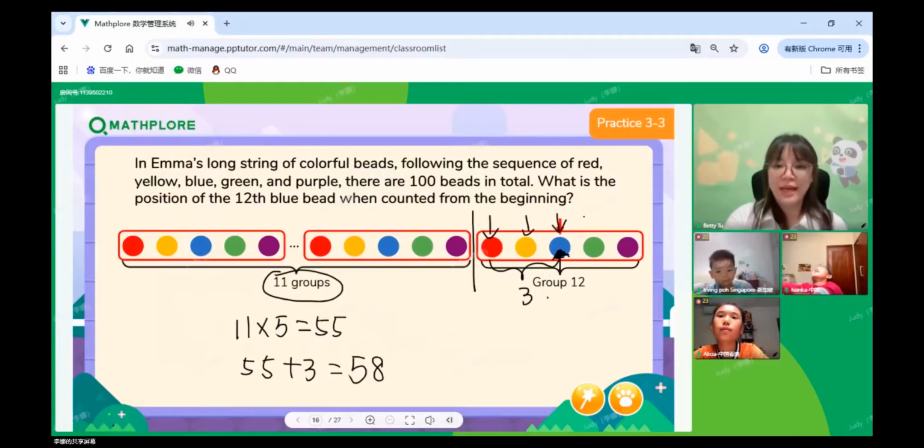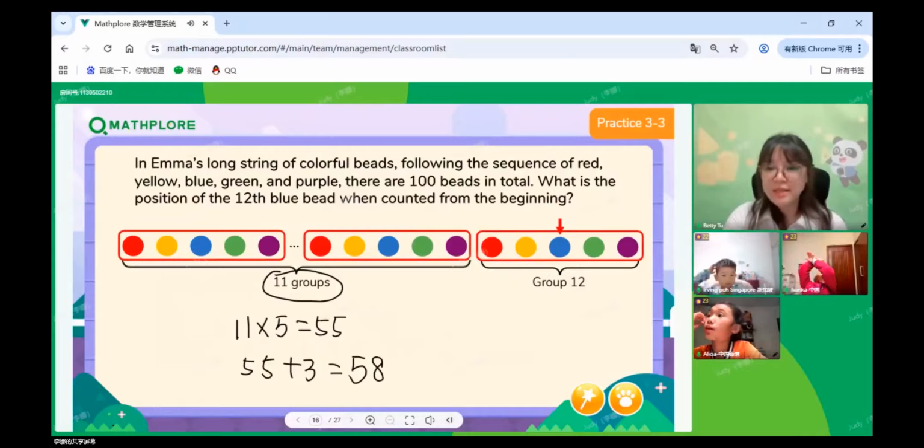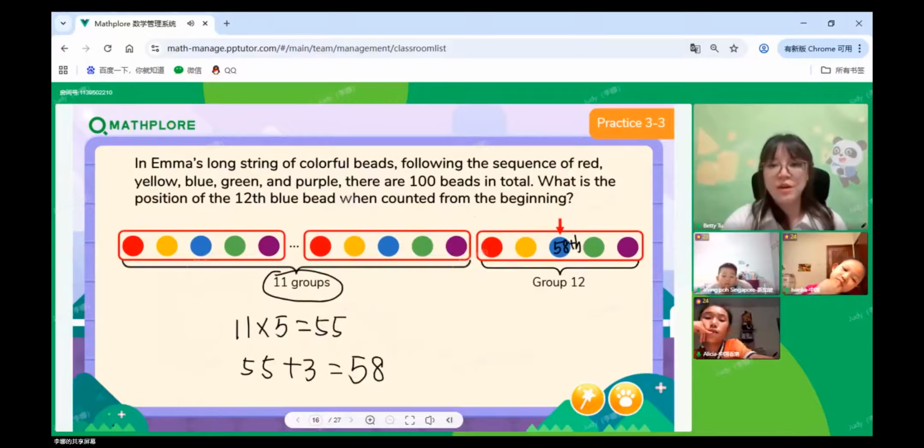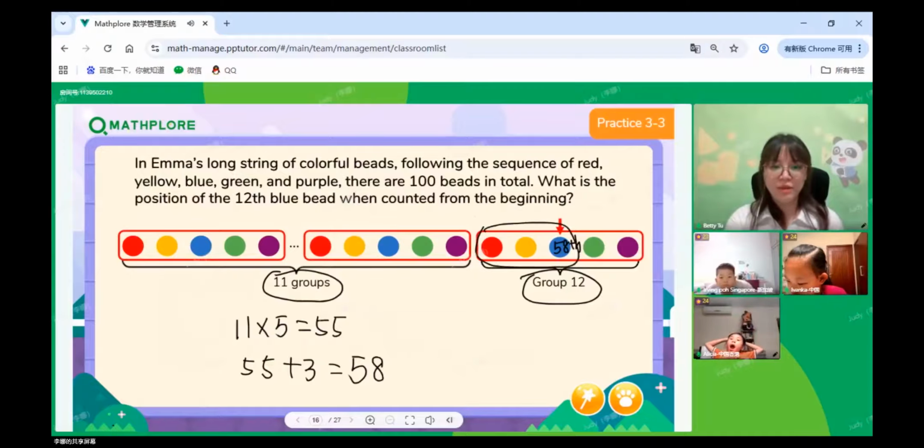Good. 58. So which means the 12th blue bead here is the 58th bead. Okay. So if we find the position, we first find which group this bead is in. Okay. Then don't forget, we still need to count these 3.